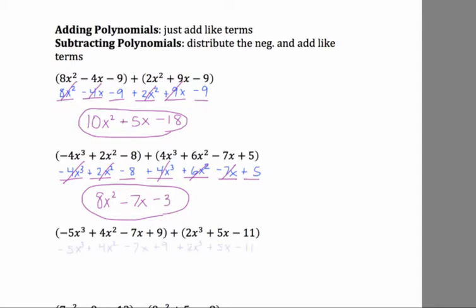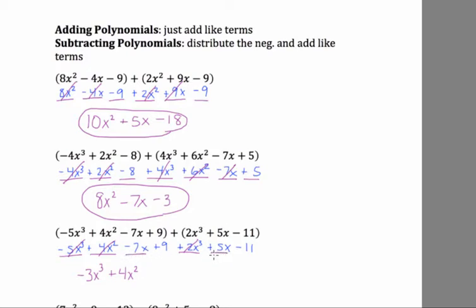Same thing with adding. We don't need those parentheses. Negative 5x cubed, positive 2x cubed makes negative 3x cubed. I only have one x squared term. I have two x terms.